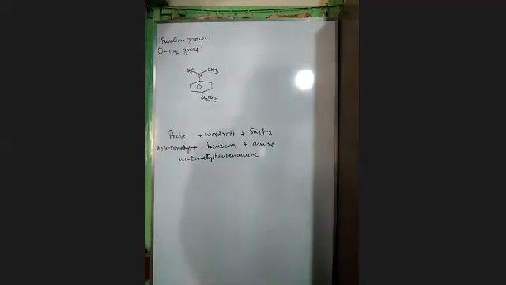What is the name of the group? Name of the group is methyl. Name of the group is ethyl. Though there are two methyls, we call it dimethyl, but you have to consider only methyl here. So what will be the name now? 4-ethyl N, N dimethyl benzenamine.